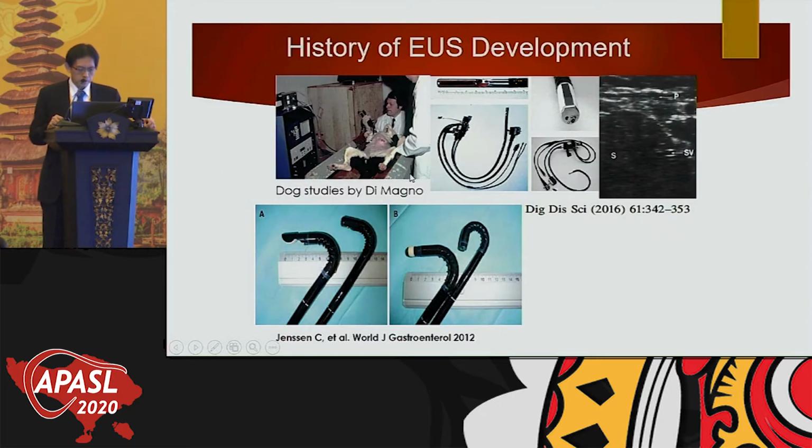We know that the history of EUS development began when Dimagno performed it in dog studies long time ago. In the past it was very difficult because the visualization by EUS was not good, with unclear images.